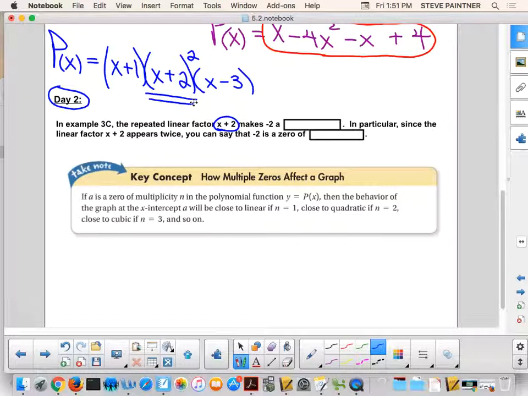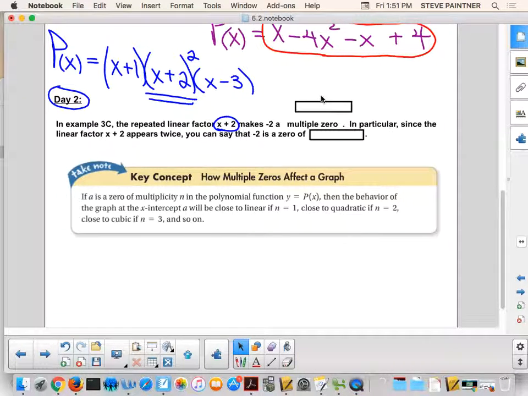But because of that 2 up there, it's now called a what kind of 0? Multiple 0. It happened more than once. It actually happened how many times? Twice. Okay. Keep reading. In particular, since the linear factor x plus 2 appears twice, you can say that negative 2 is a 0 of, here's the big word, multiplicity.